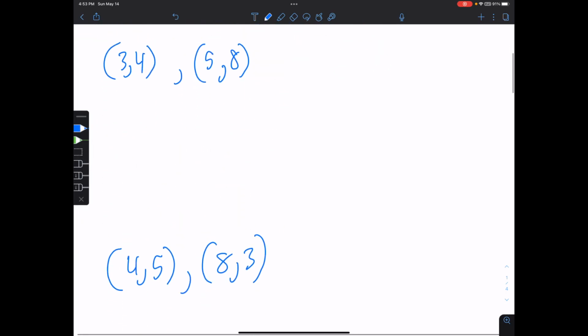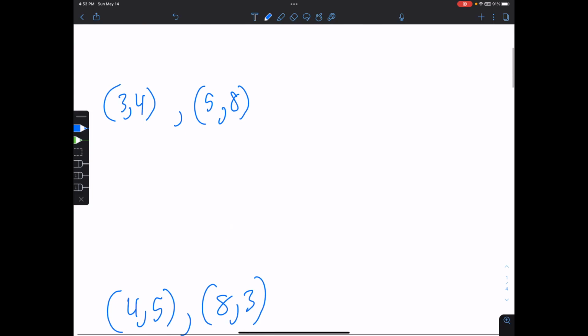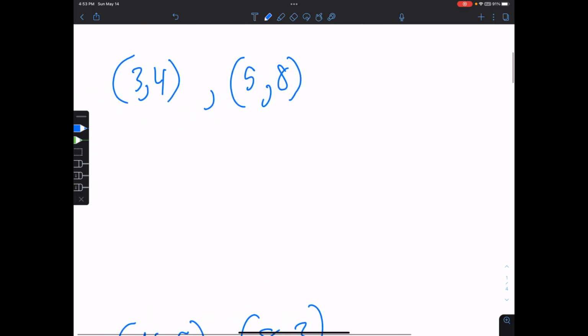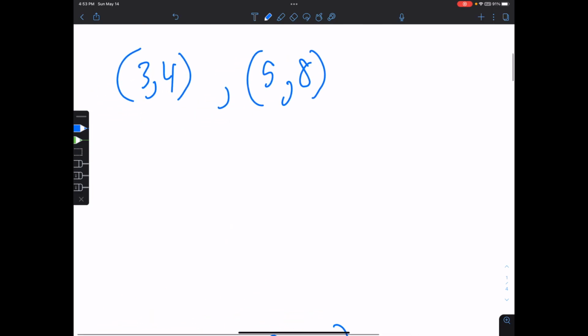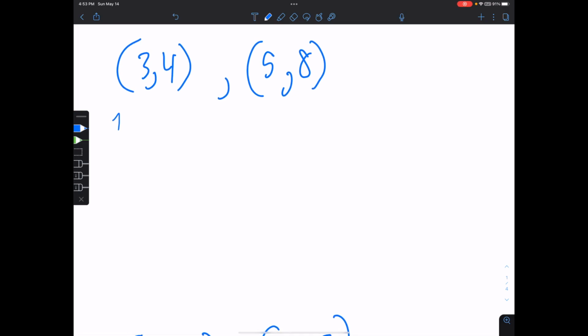So I'm just going to do a few of these problems here. When you get 2 points like this, the first thing you want to do is find the slope.